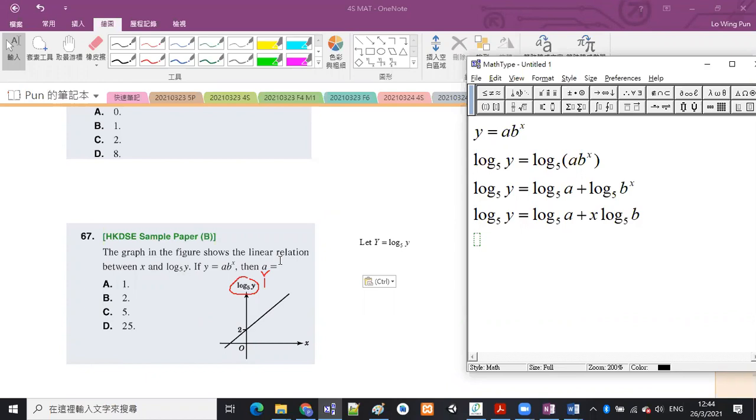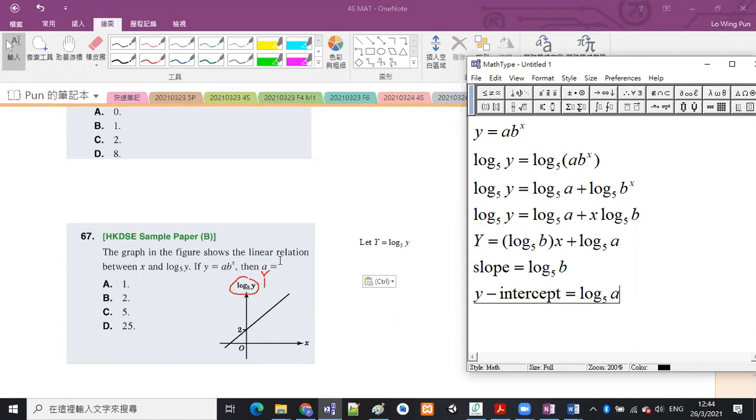Okay, now we can change the log y to be capital Y. So Y is equal to mx plus c, where the slope is equal to log b base 5, and the y-intercept is equal to log a base 5.